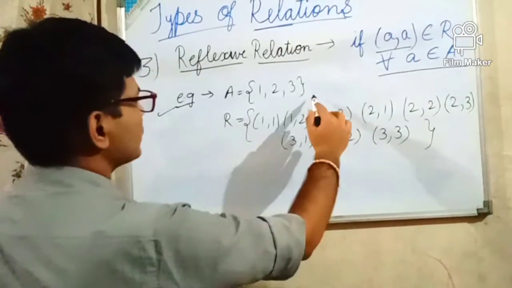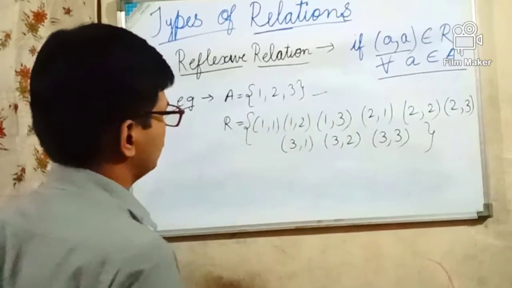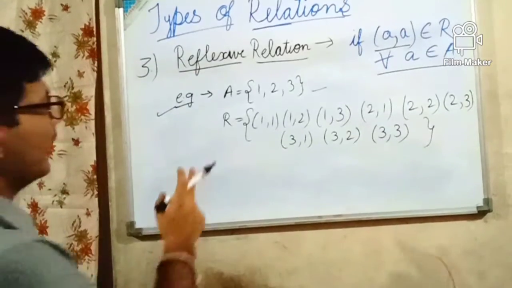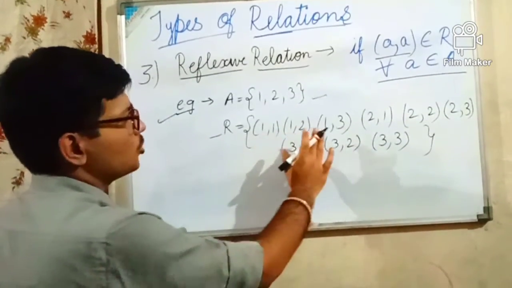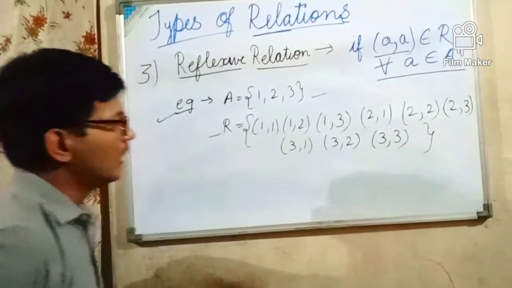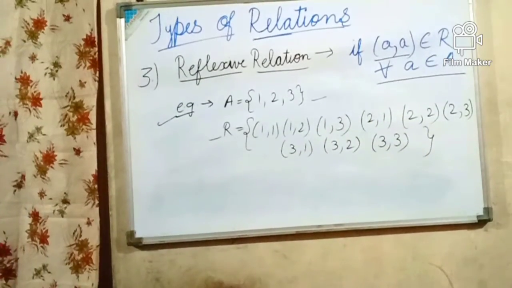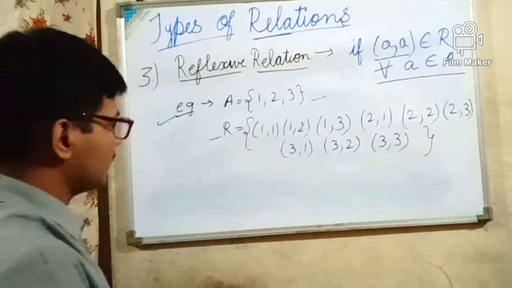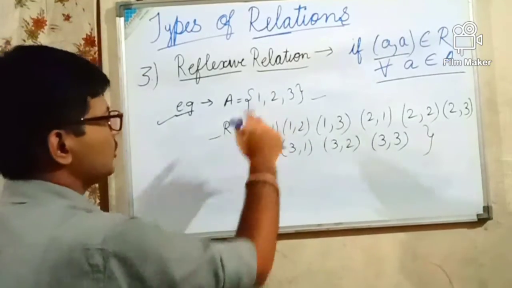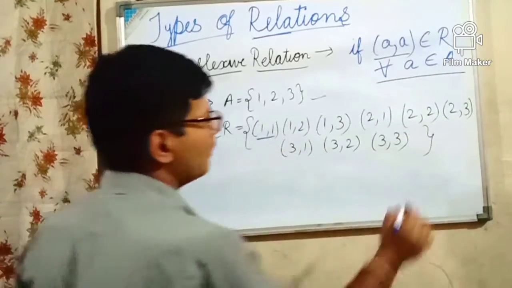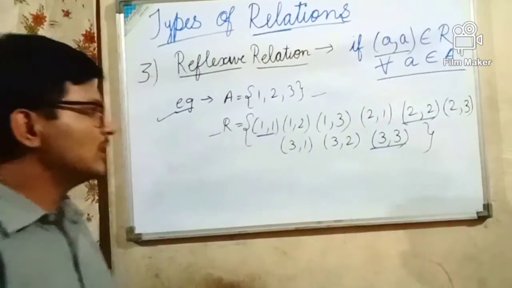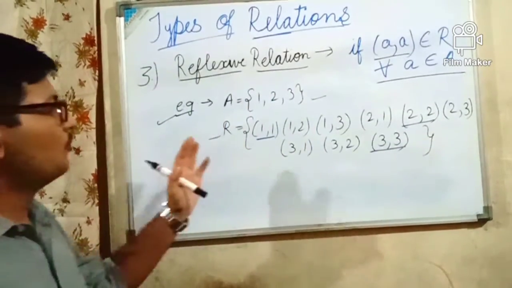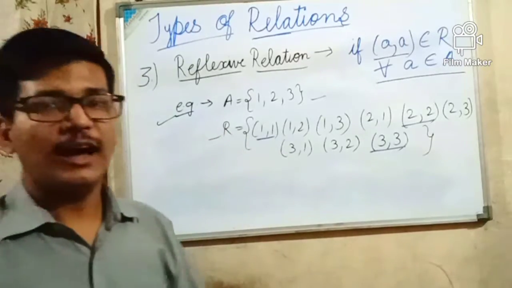If we have a set A = {1, 2, 3}, number of elements 3, and the relation is this: (1, 1), (1, 2), (1, 3) and all. Now we see that for each element of A, 1 2 3, we have (1, 1), (2, 2) and (3, 3), the ordered pair which belongs to the relation R.